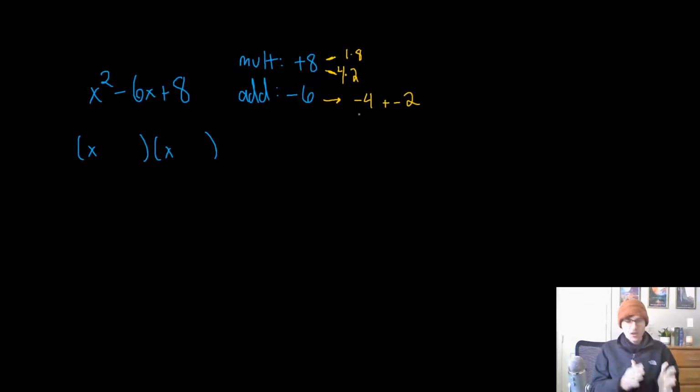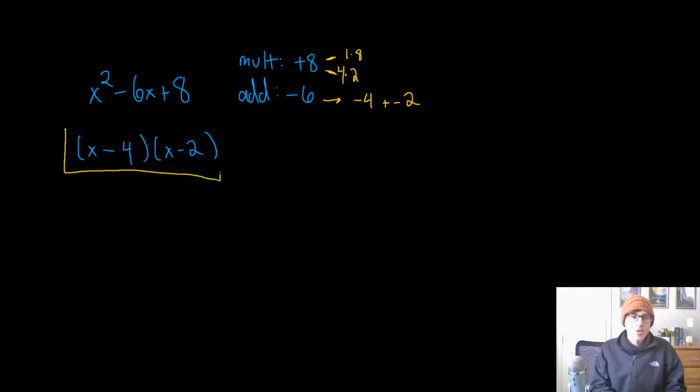A negative times a negative is a positive, so that would work here. And a negative plus a negative is negative 6. So I would have x minus 4 and x minus 2. And again, you could check that by multiplying that out, and you'll find that you get what we started with.